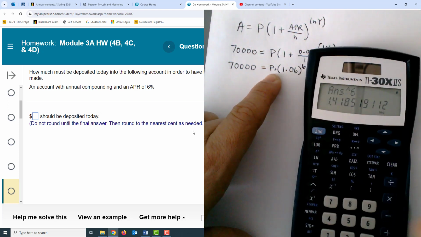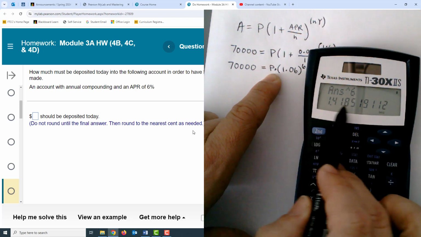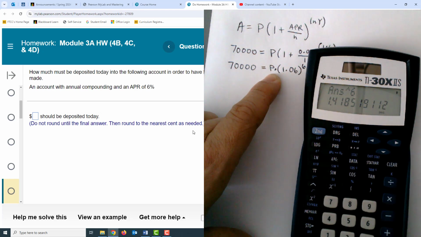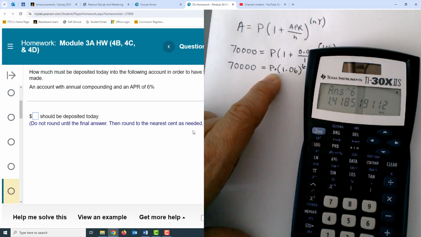So what I would suggest doing is take what the calculator's showing you and write down everything. Even though that's actually a rounded value, it's a lot less significantly rounded if we were to just round it to 1.42 or something like that.